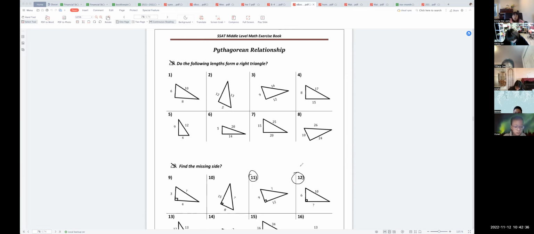I already finished doing it. I have to write it down so I can send it to you. It's actually pretty easy.